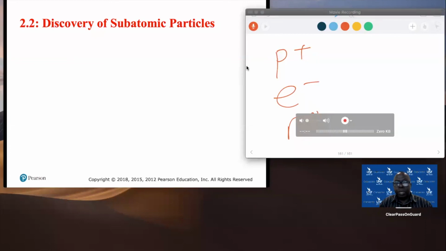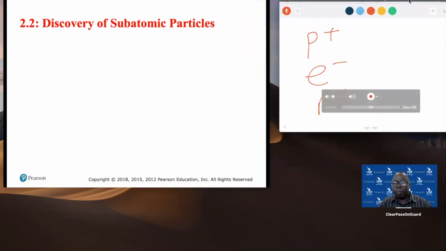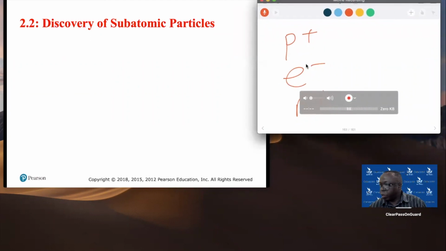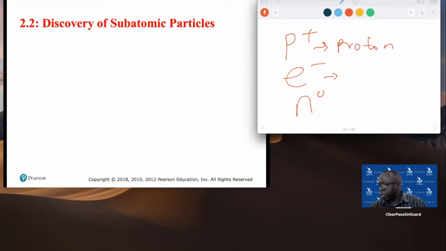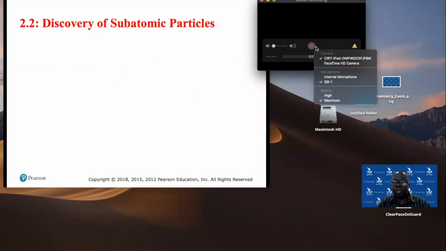They have charges. They are positively charged for proton. These are electrons, and these are neutrons.